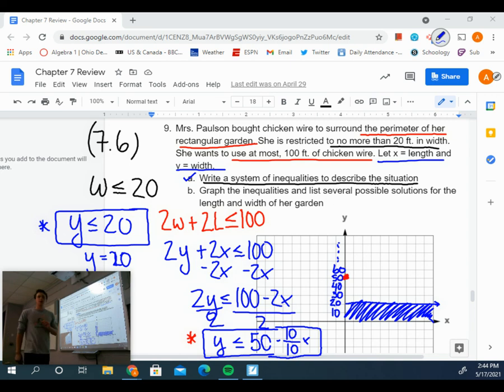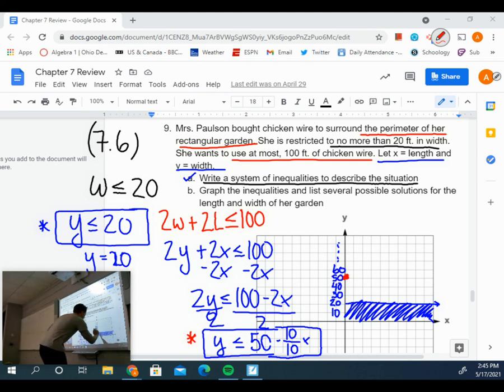Negative 10 divided by 10 is negative 1. The slope is still the same, but instead of going down 1 over 1, I'm going to go down 10 over 10. It's going to create the same boundary line, but I'm just taking bigger leaps, and it makes my graph look a little nicer. Sometimes you have to do that in these real-world problems. If that's confusing to you, again, come see me.